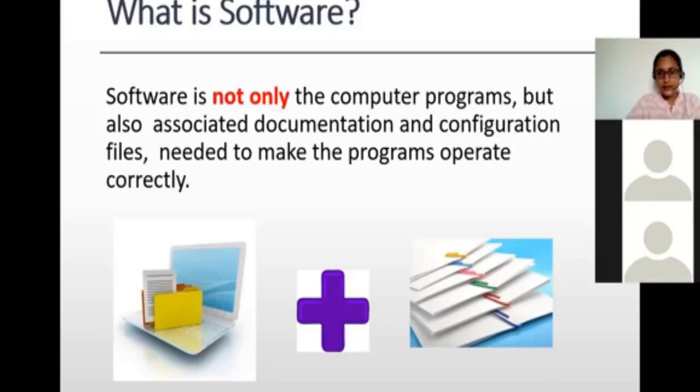All together, we can say it is software, right? So it is not only the program. You have to remember that it is not only the program, but also there should be some other things.